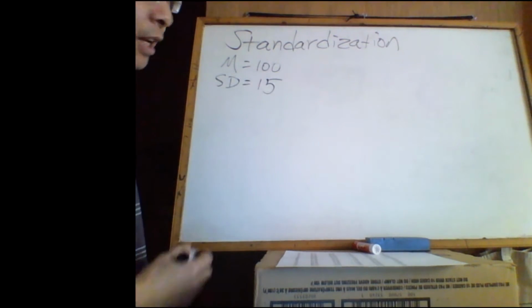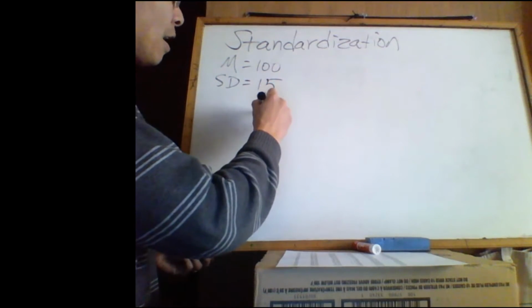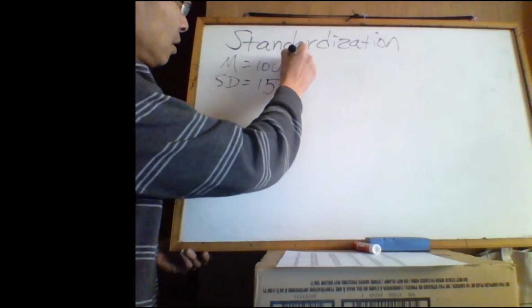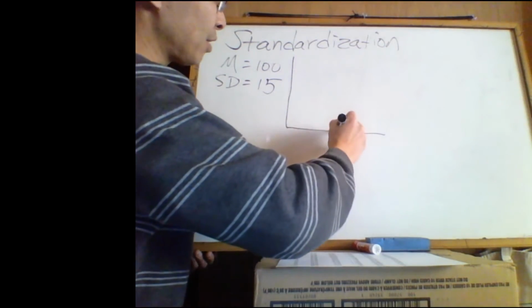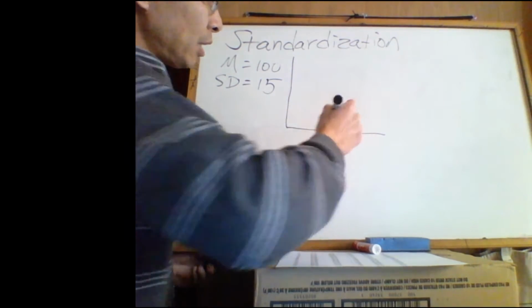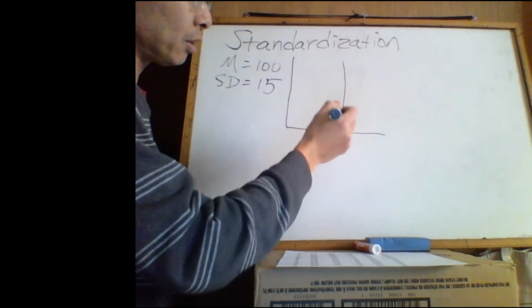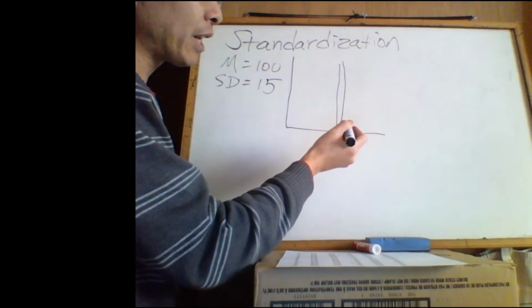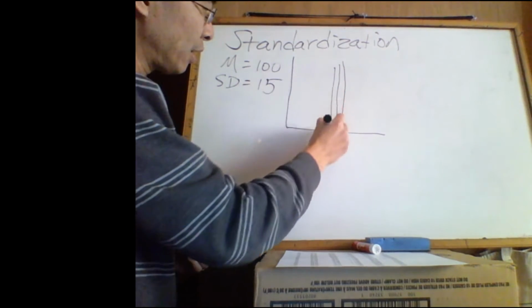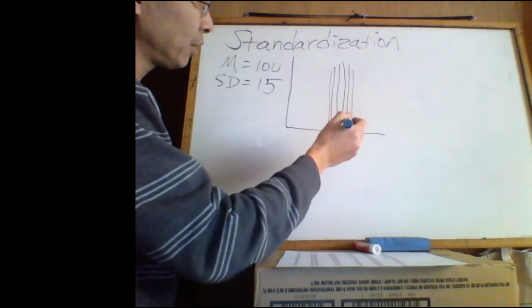Now, for those 1,000 people, suppose I make a histogram. It looks about like this, with a lot of people around 100, right? So you'll see a lot of people at 100, a lot of people at 90, 99, 98, and so on and so forth. A lot of people at 101, 102.